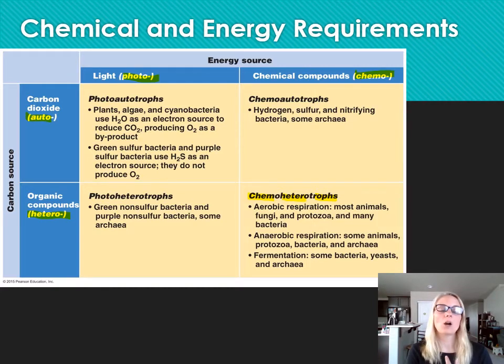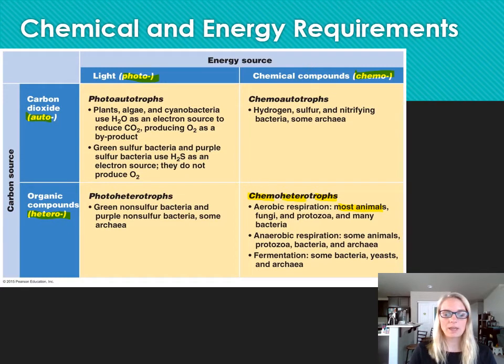So we are chemoheterotrophs, right? We are, as are most animals, and a lot of bacteria and protozoa and fungi. Many bacteria fall into this same category. Some fermenters like yeast and some other types of bacteria, but these are chemoheterotrophs, okay?